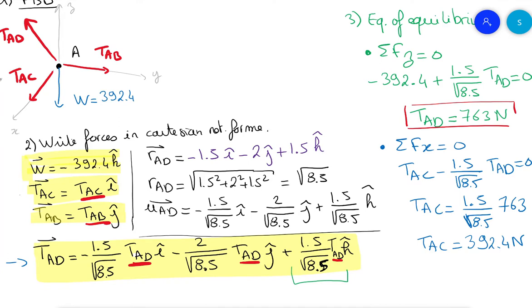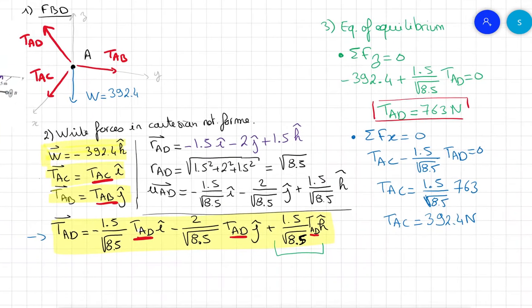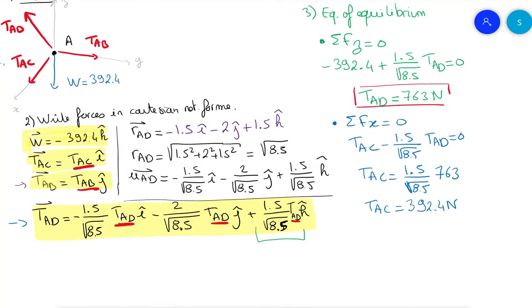Okay, so that was for the force on X, and let's do the last one in purple. We will use now j hat. So the sum of the forces on Y equals 0, and we have TAB and minus 2 divided by the square root of 8.5 times TAD that we found before equals 0.